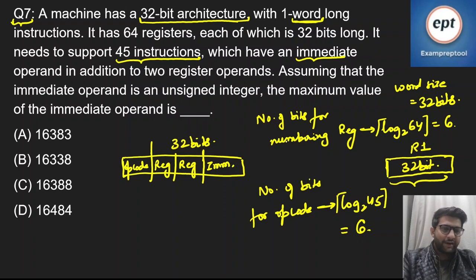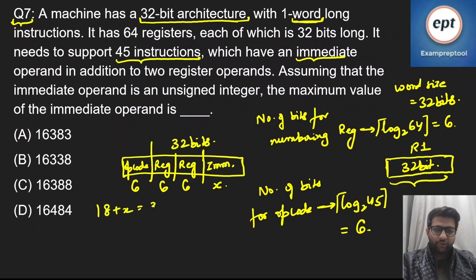The number of bits that we required for numbering the registers was 6. So 6 for this field and 6 for this field and also 6 for the opcode, right? Now for the immediate value, if the number of bits for the immediate value is x, this means that 18 plus x equals 32 and x equals 14, right?